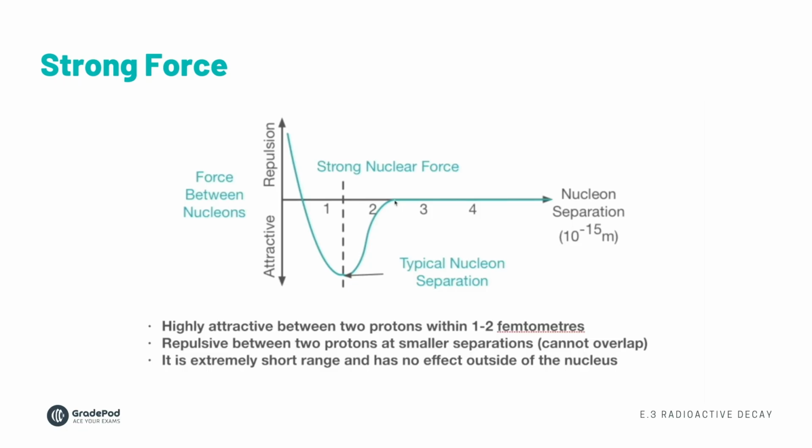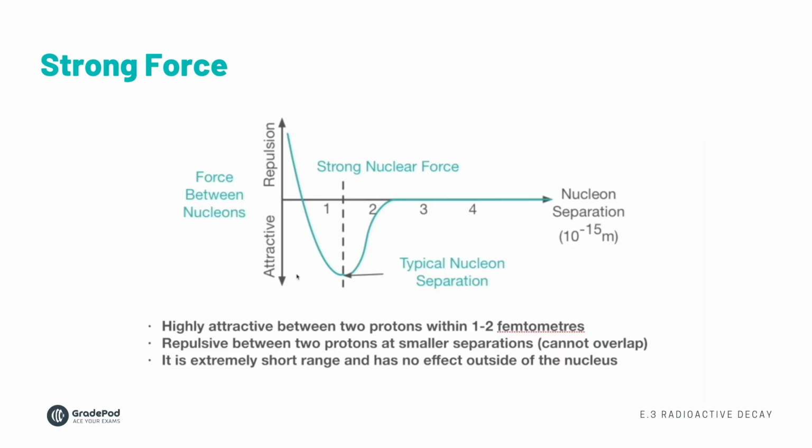So it doesn't act at all after this distance. And the typical separation between nucleons within a nucleus, by chance, hits exactly on where the strong force is the most attractive. So the strong force is highly attractive between two protons within 1 to 2 femtometers, and it's repulsive when the two protons are at smaller separations, so they can't overlap each other.